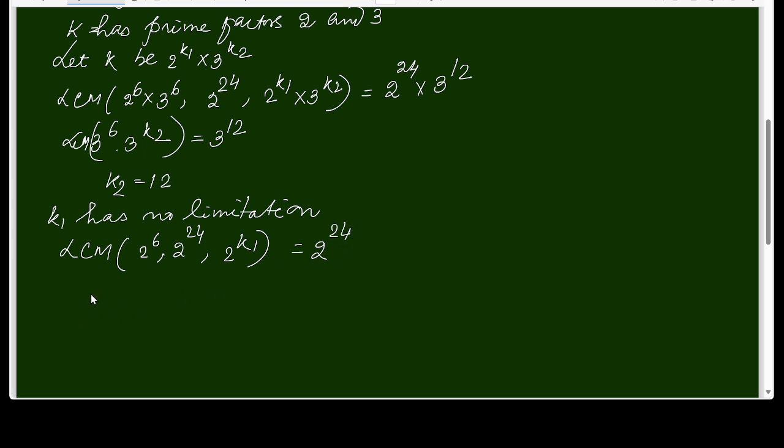So k1 can be 0, 1, 2, 3 up to 24. So there will be 25 possibilities including 0. So k1 has 25 possible values.